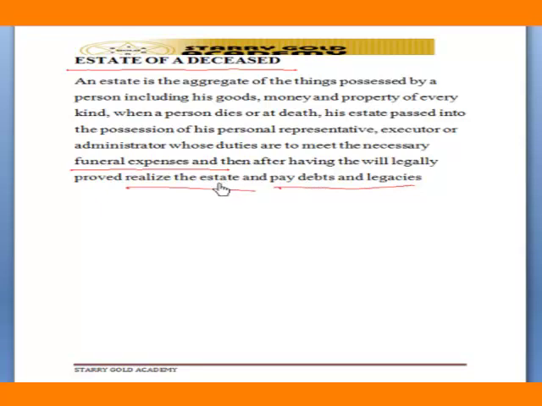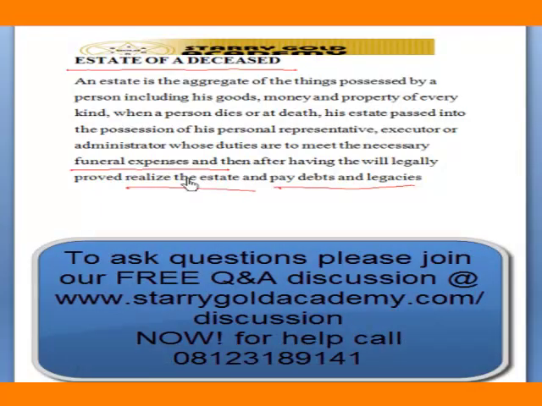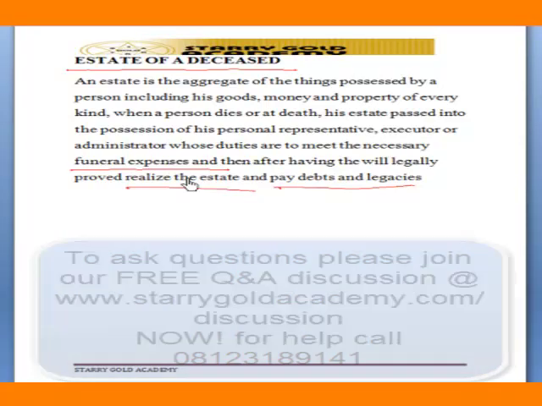An estate is made up of the possession of a person that includes money, property, and goods. And on his exit, on the demise of the person, this estate is realized, that is, it is sold, or put another way, disposed.